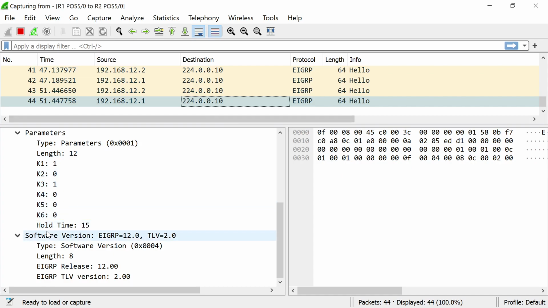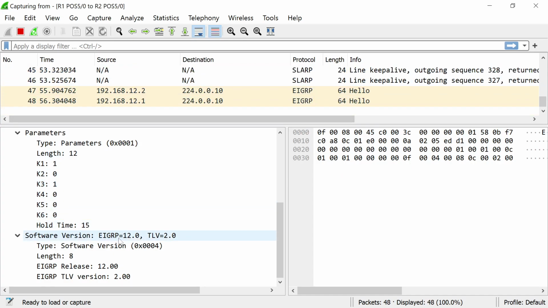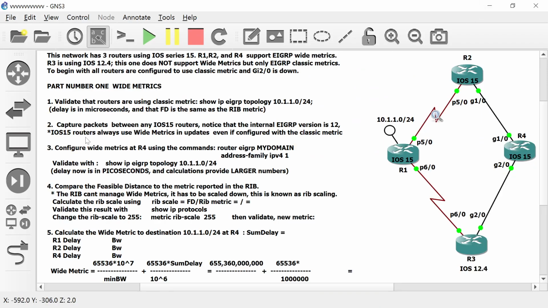Notice also that in the hellos, the software version and the internal software version is EIGRP 12. So IOS 15 routers always use wide metrics in updates, even if they are configured with the classic metric.